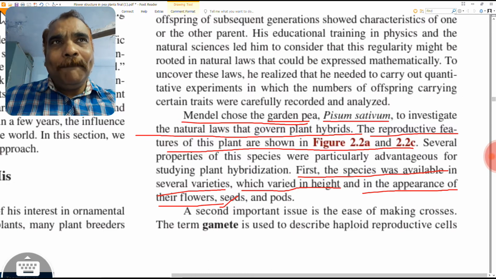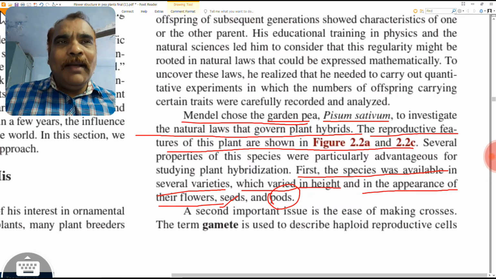Then the pod color is different. Some pods are yellow and some pods are green. So there are a huge number of traits in the pea plant.